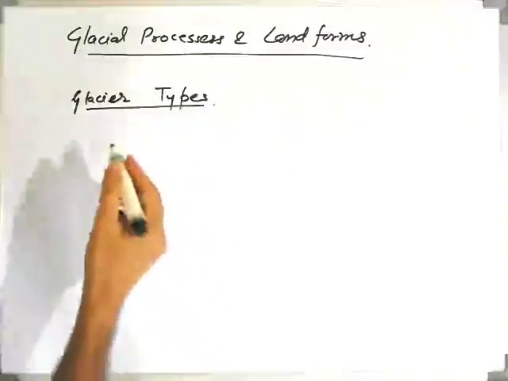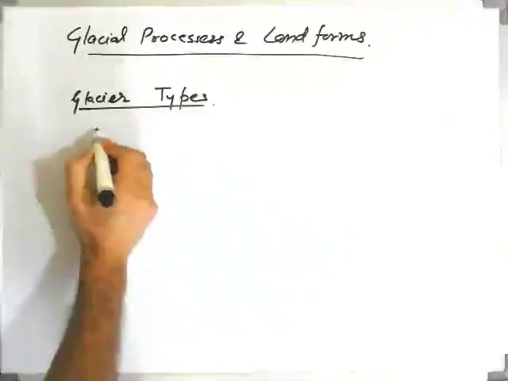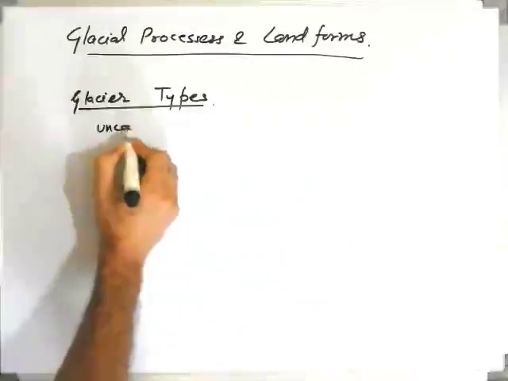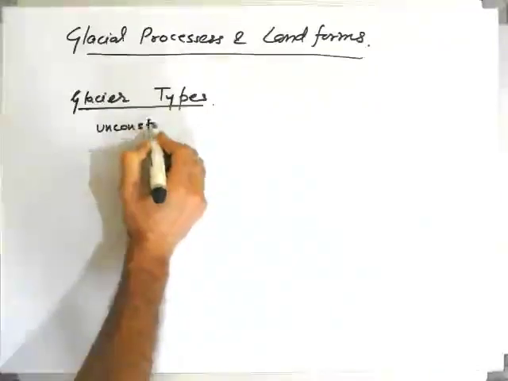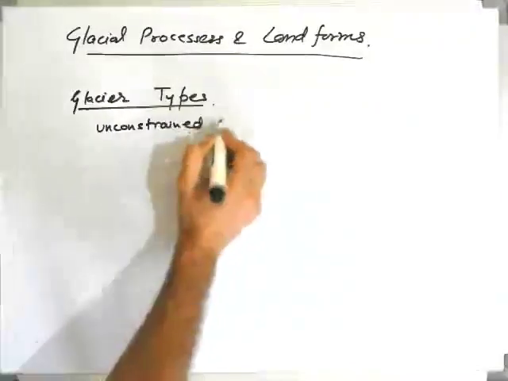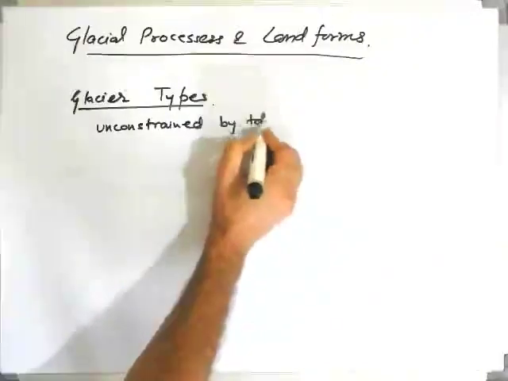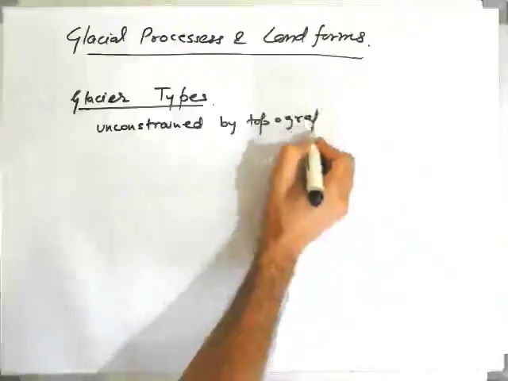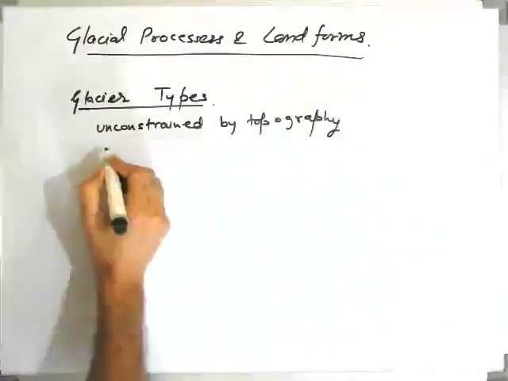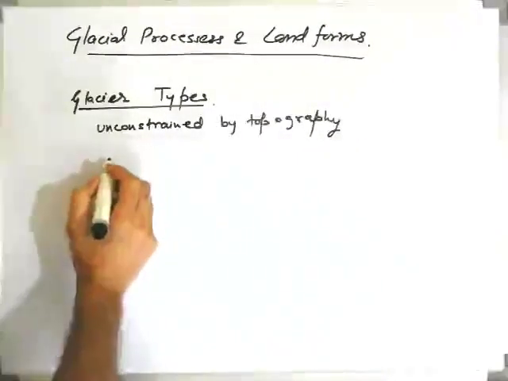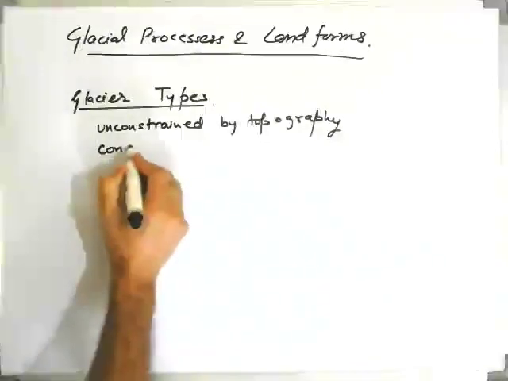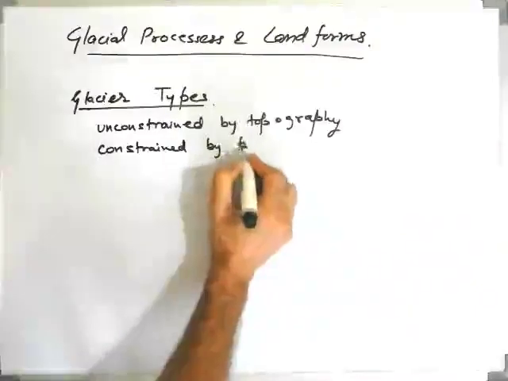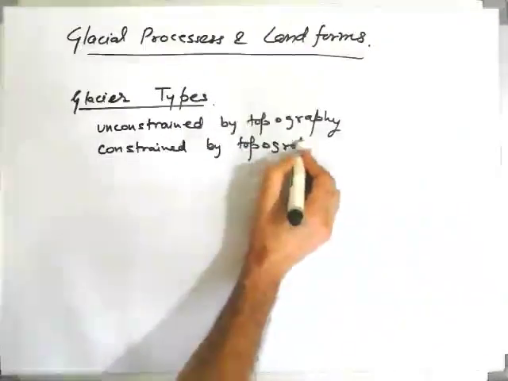Glaciers can basically be divided into two types: those that are unconstrained by topography, and those that are constrained by topography.